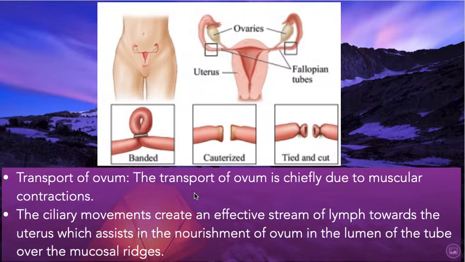See, the transport of the ovum is chiefly due to muscular contraction of the uterine tubes. The ciliary movements create an effective stream of fluid towards the uterus, which assists in the nourishment of the ovum in the lumen of the tube over the mucosal ridge. Right, so that's all about the uterine tubes. Thank you.